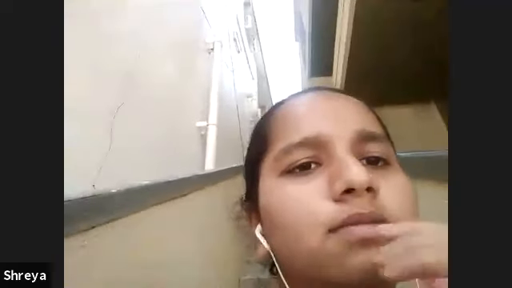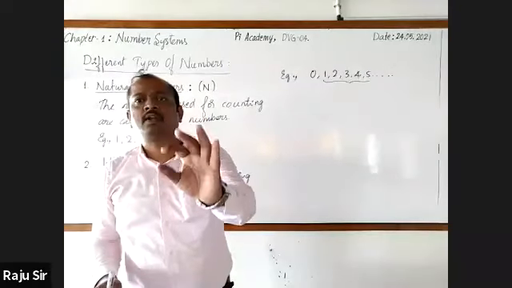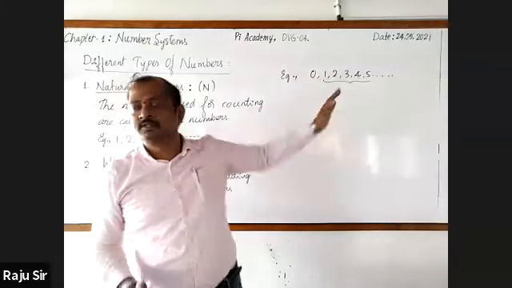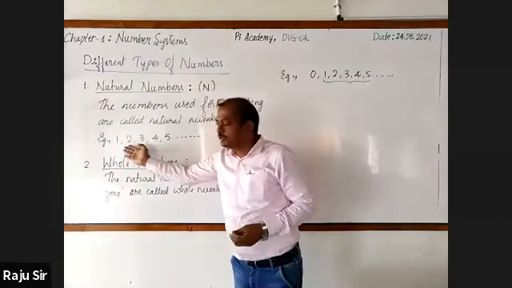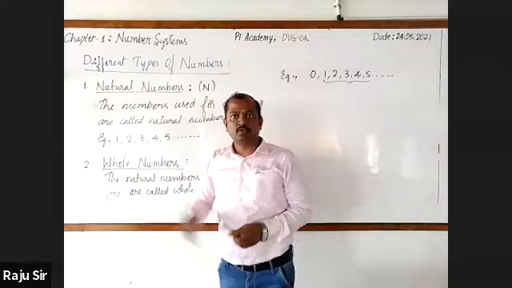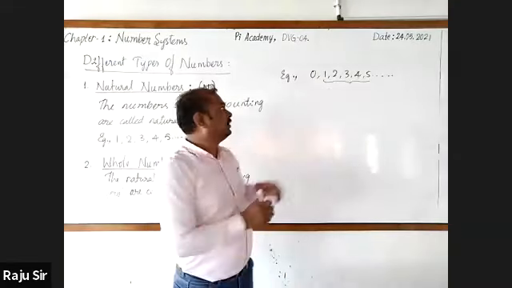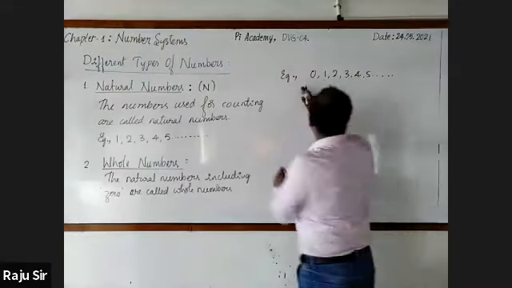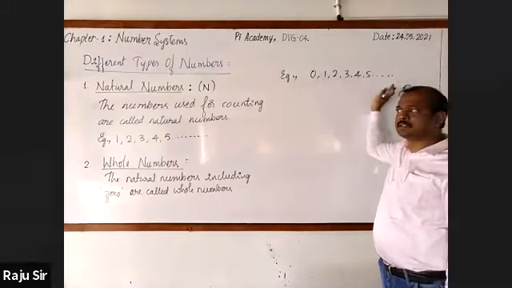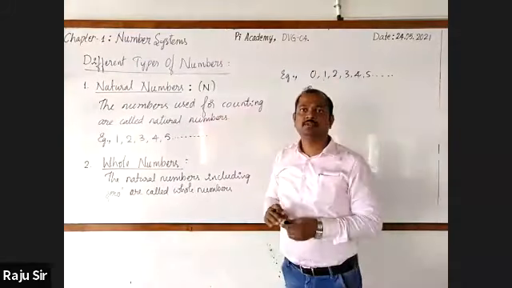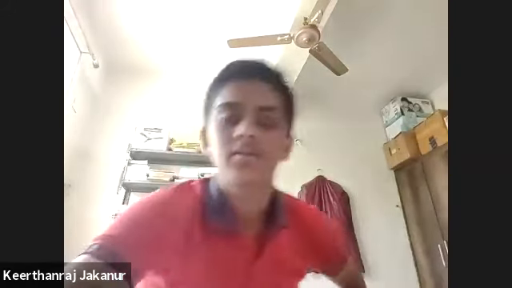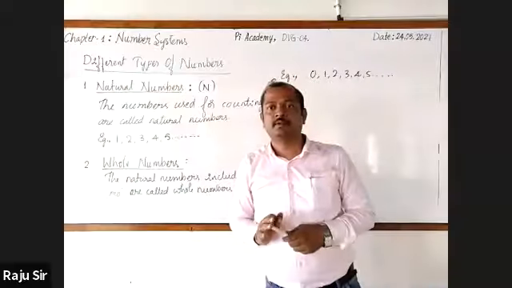Yes, sir. Therefore, we can say that all natural numbers are whole numbers. Well, is it possible to say all whole numbers are natural numbers? No, sir, because 0 is not a natural number. Clear?